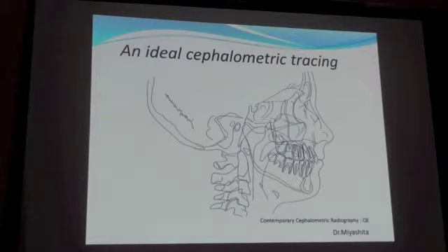He is also giving lectures at five or six universities, including Case Western University, and he makes the number one cephalometric tracing. And look, this is the occipital bone and the mastoid bone here.